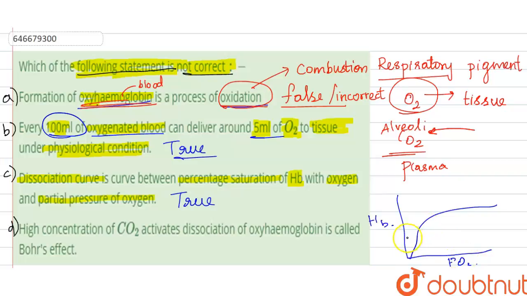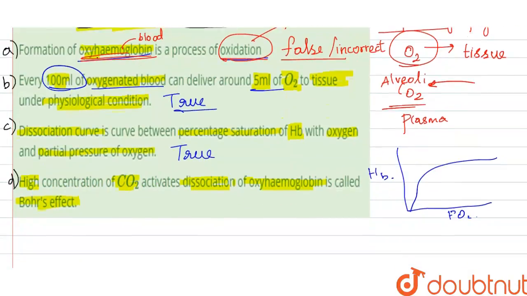Option D says high concentration of carbon dioxide activates dissociation of oxyhemoglobin, called Bohr's effect.